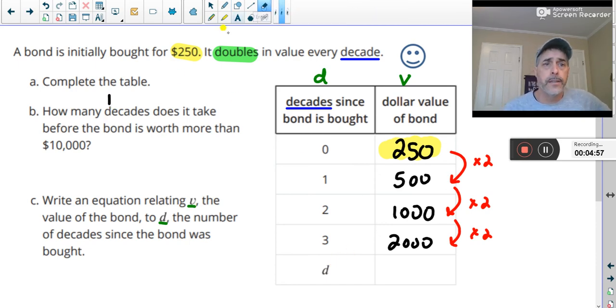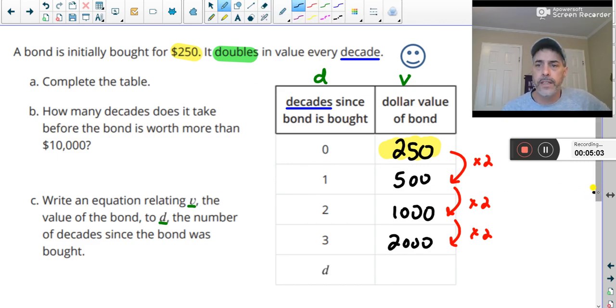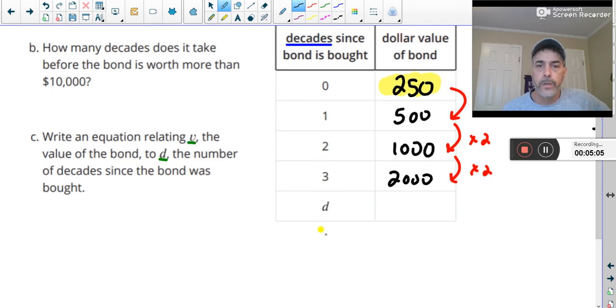How many decades does it take before the bond is worth more than $10,000? In order to figure that out, I think I would need to keep this table going. So I'm going to skip that D value for a minute and then keep going with my doubling.